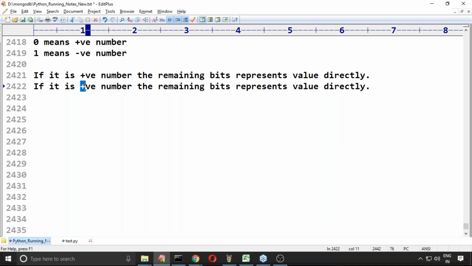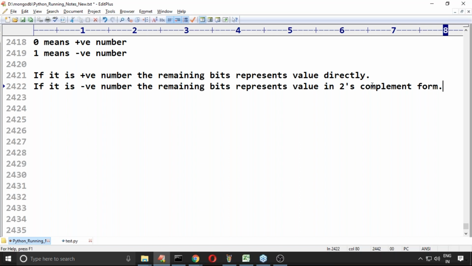If it is a negative number, then the remaining bits represent the value in 2's complement form. The people who don't know mathematics, what is 2's complement, 1's complement, just better to go to sleep for the next 10 minutes. After 10 minutes I will intimate, then wake up.